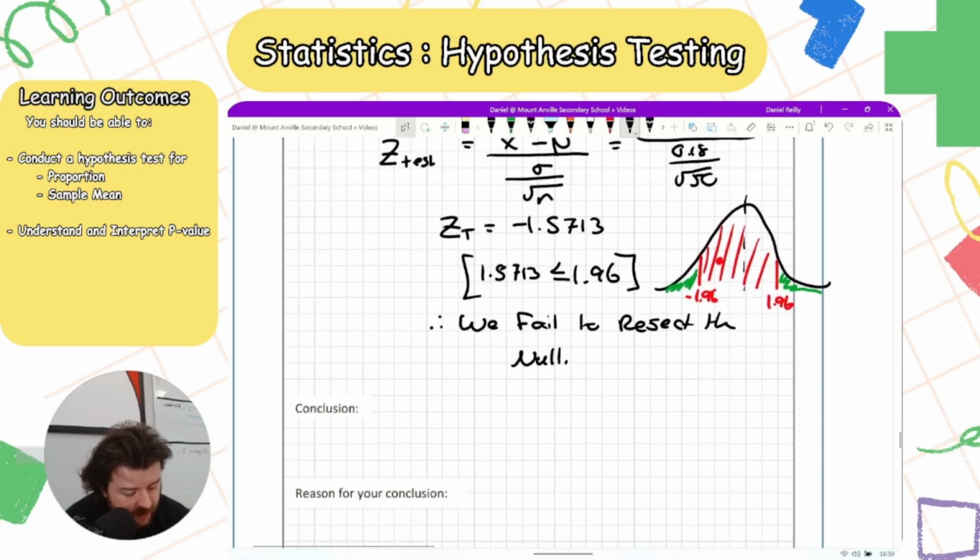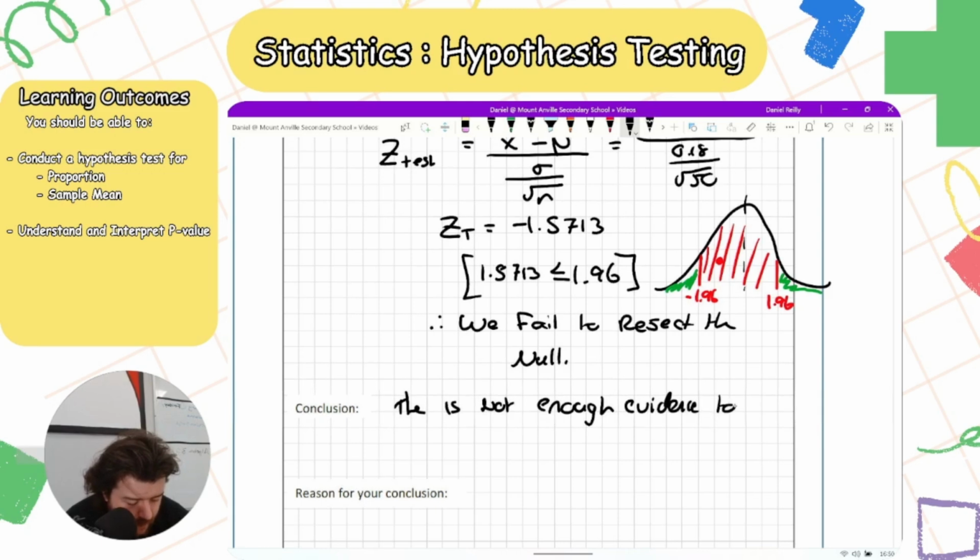So the conclusion will be there is not enough evidence to suggest the mean has changed.